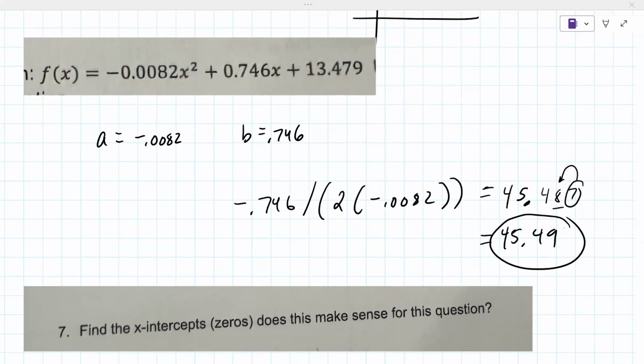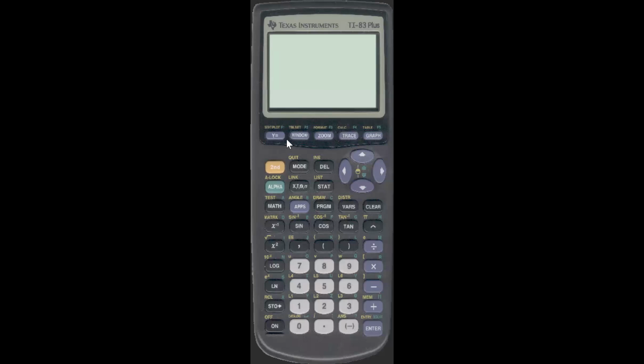So I'm going to share my screen. All right. So I want you to hit the y equals button. You have something like this on your calculator. Yeah, I have it.